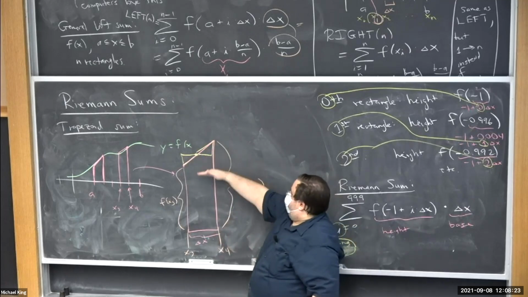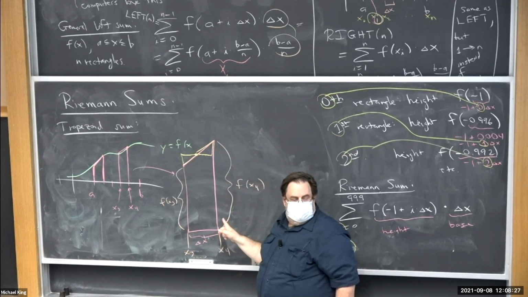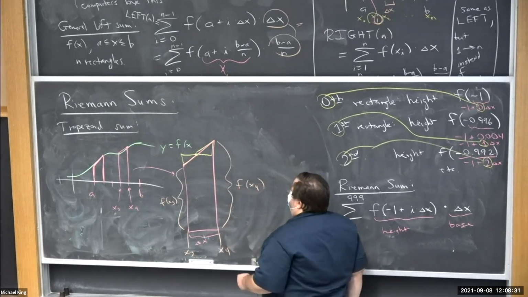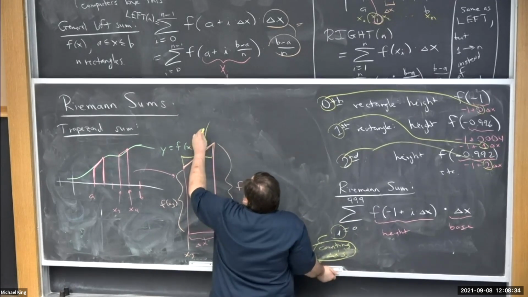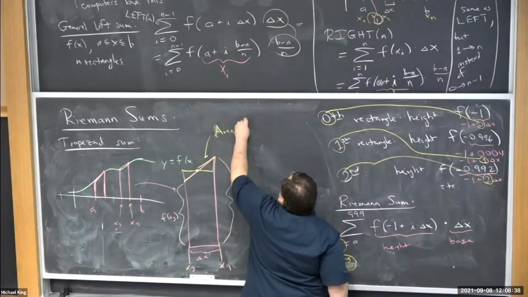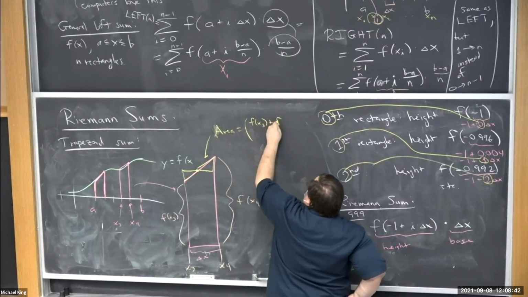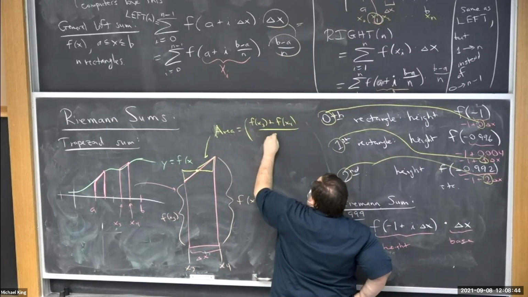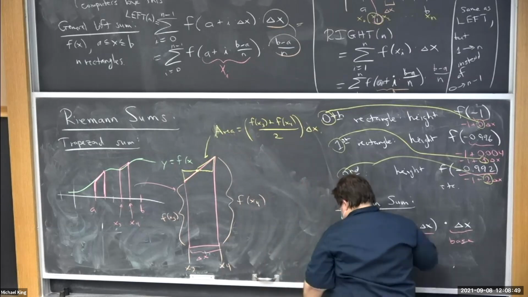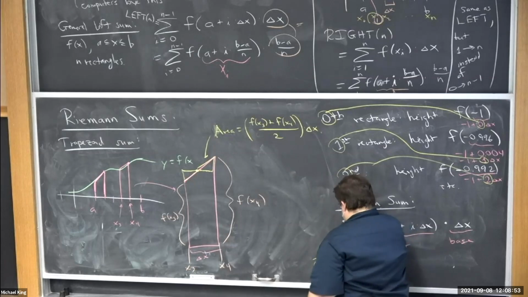And this height is exactly halfway between this height and this height. But halfway between is the average of the two, right? So the area is f of x3 plus f of x4 all over 2 times delta x. That would be the area of a given trapezoid.